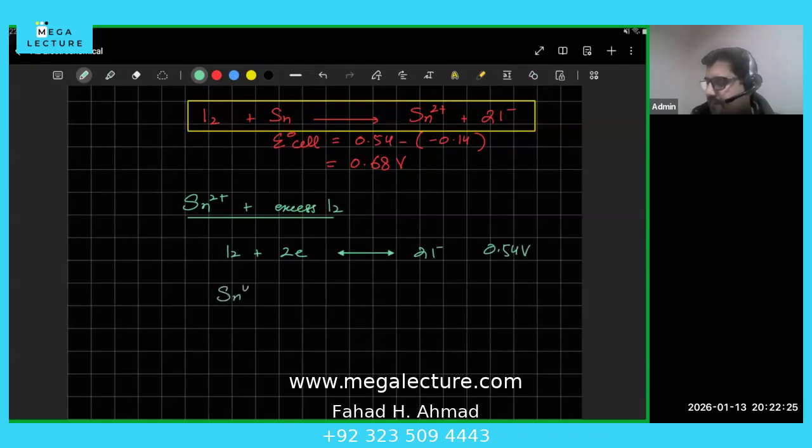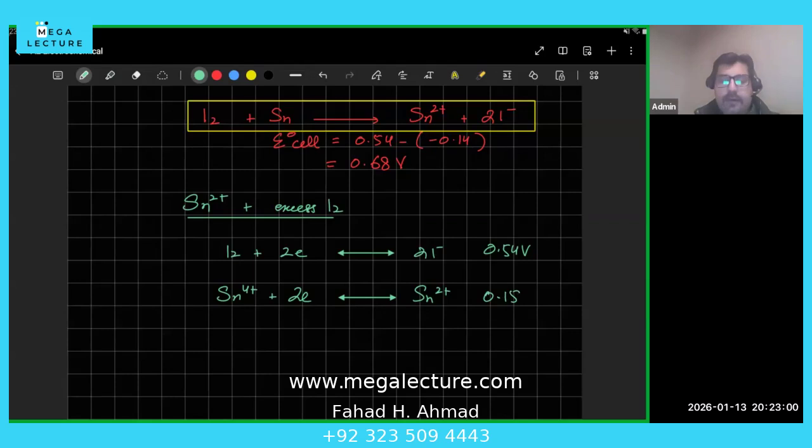Or tin 2 plus, we know that there is another reaction, right? Okay, tin 2 plus can be oxidized to tin 4 plus. तो हम वो लिख लेते हैं tin 2 plus. And the E naught for that is, कितनी E naught थी इसकी tin वाले की? 0.15, right?